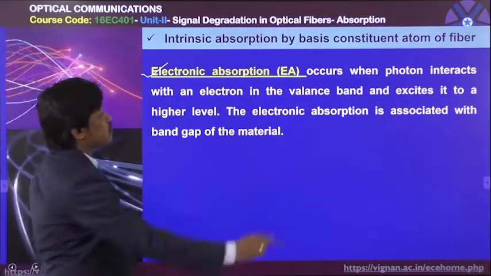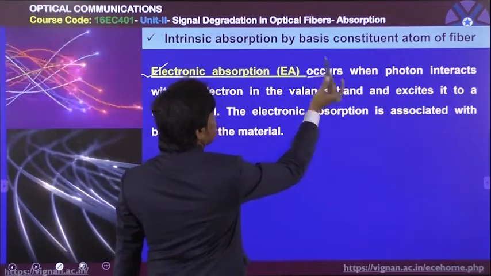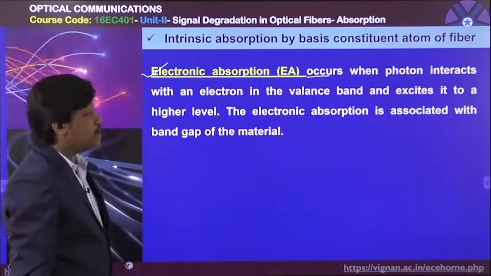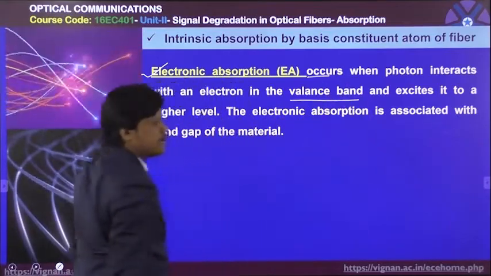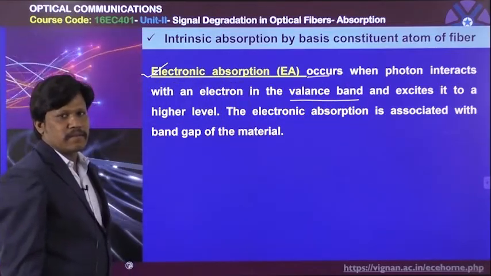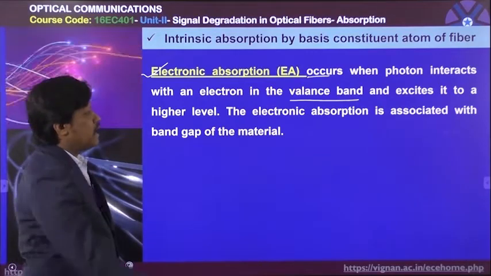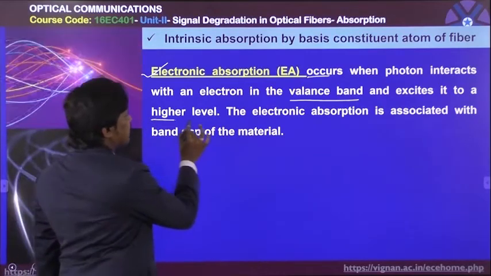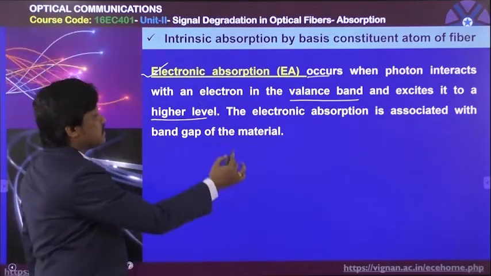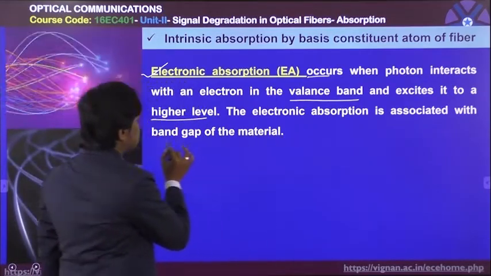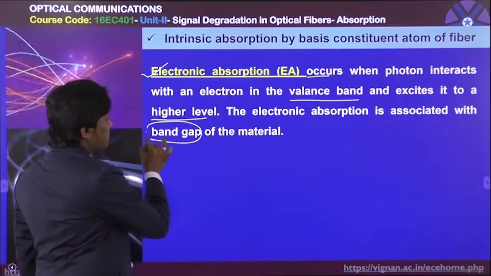Electronic absorption occurs when a photon interacts with an electron in the valence band and excites it to a higher level. This electronic absorption is associated with the band gap of the material.